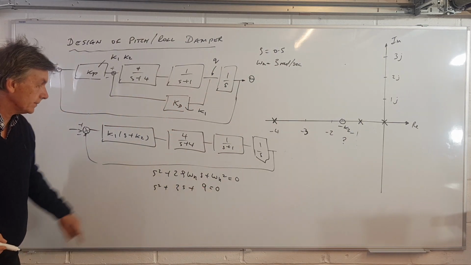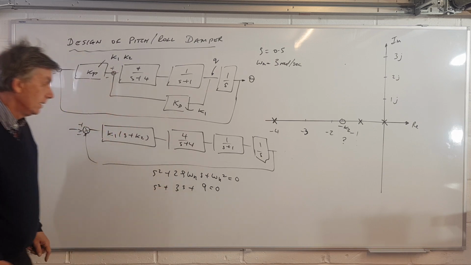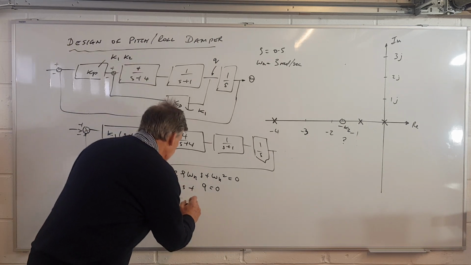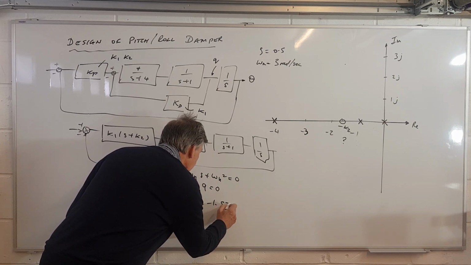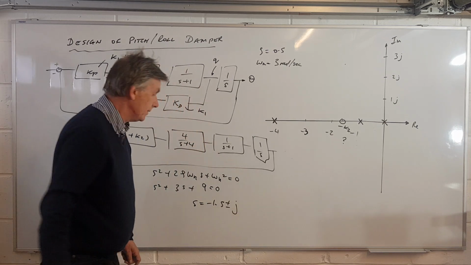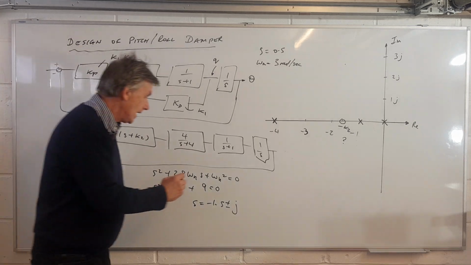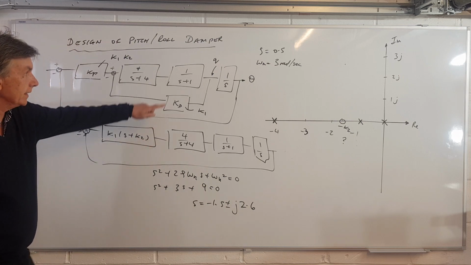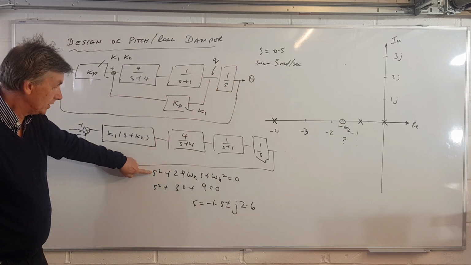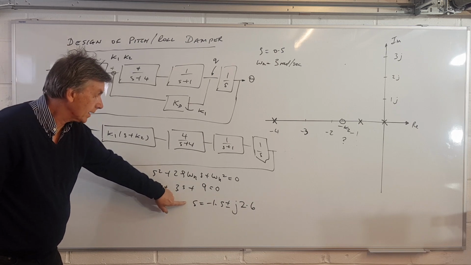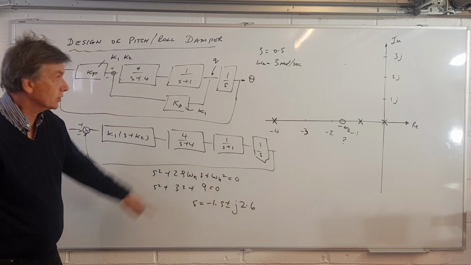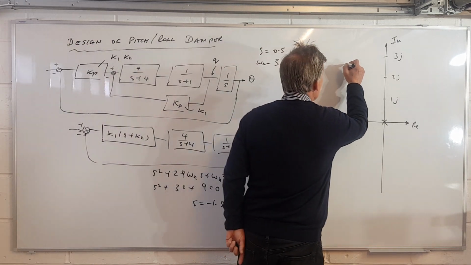Now we can solve this using the famous formula, minus b plus or minus square root of b squared minus 4ac, and we'll get a solution as s is minus 1.5 plus or minus j, remember j stands for Jones, and it's 2.6. So these parameters give us this equation, solve it, and then we get a point at minus 1.5 plus 2.6j in our Argand diagram, which is here.